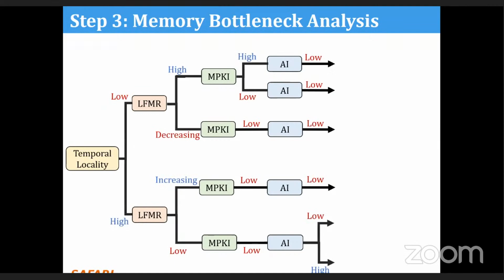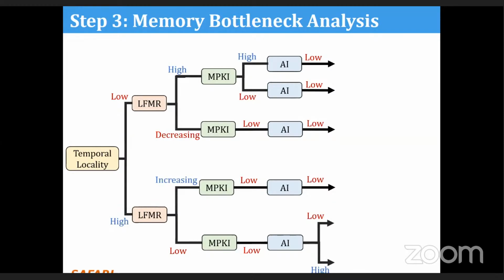And we create this kind of tree to do the classification. After having simulated and very thoroughly analyzed all the data that we obtained from our simulations, from all these metrics, we came up with this way of classifying the workloads. Depending on the temporal locality, whether it's low or high, you go that way or this way. If it's high, for example, you check the LFMR.